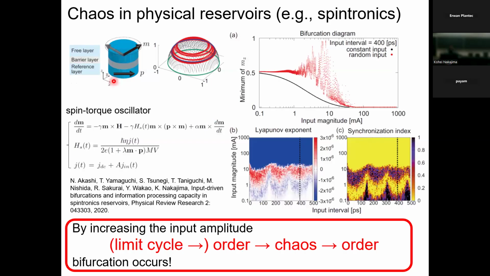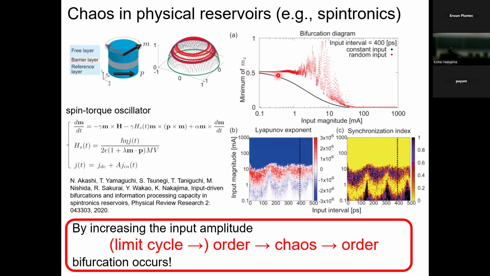If you inject a very small input, you cannot use that because it doesn't have the echo state property. But if you inject a strong input, then you can induce input-driven bifurcation, and you can improve its echo state property.